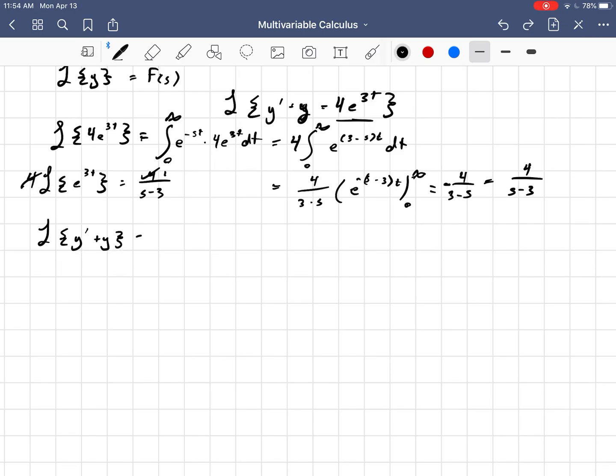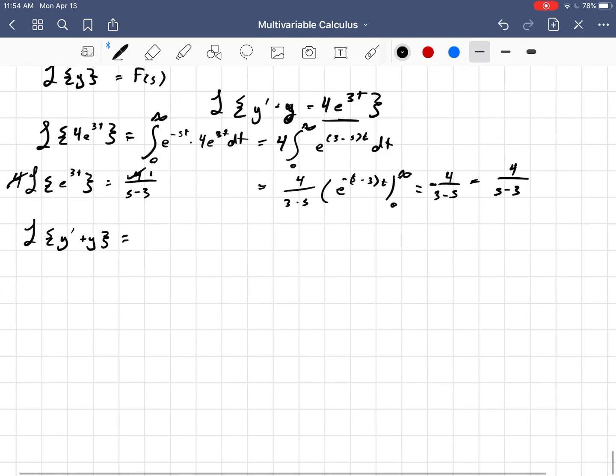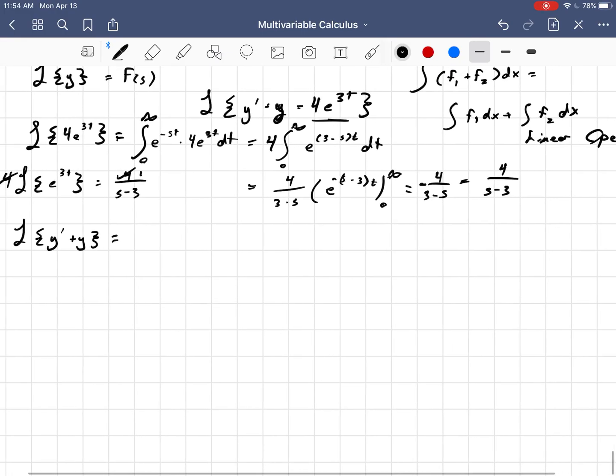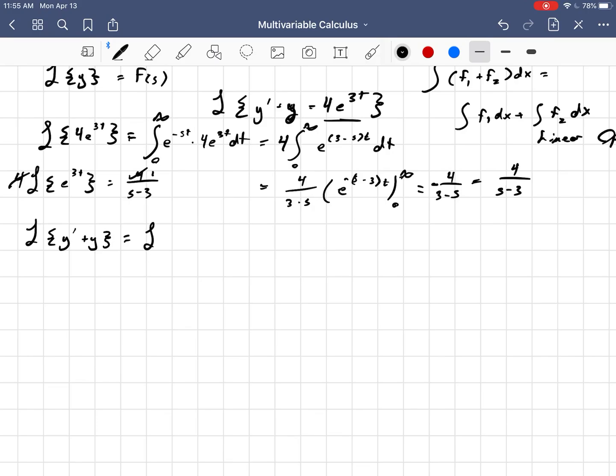Another property I want to show is that since this is defined as an integral to begin with, and since the integral is a linear operator, in other words, the integral of f sub 1, where f sub 1 is a function of x, plus f sub 2, also a function of x, dx, is the same thing as the integral of f sub 1 dx plus the integral of f sub 2 dx. That's what we mean when we say a linear operator. Then the Laplace transform has the same property since it's defined through an integral to begin with.